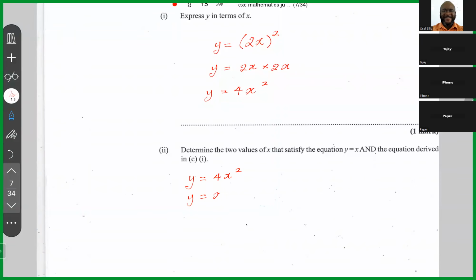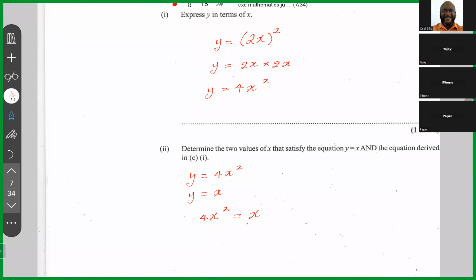So what we're being asked to do is to solve this simultaneous equation. So y at the top and y at the bottom are the same. At the top we have y is 4x squared, and at the bottom we have y is x. What we're being asked to do is to solve this equation.